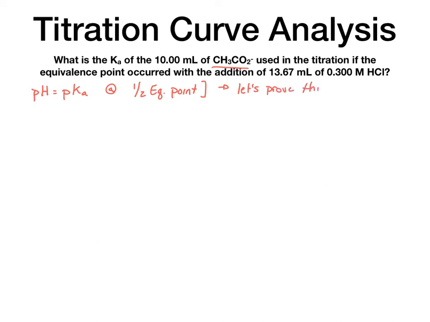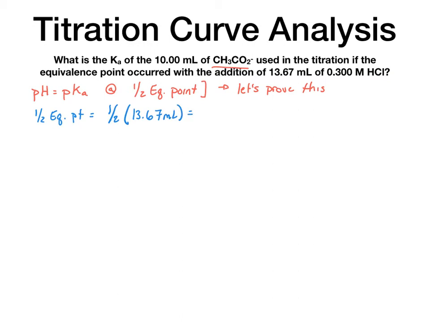And then I will talk about how we actually answer the question. Okay, so at the half equivalence point, the half equivalence point for this example is equal to half of the volume that it takes to reach the equivalence point.